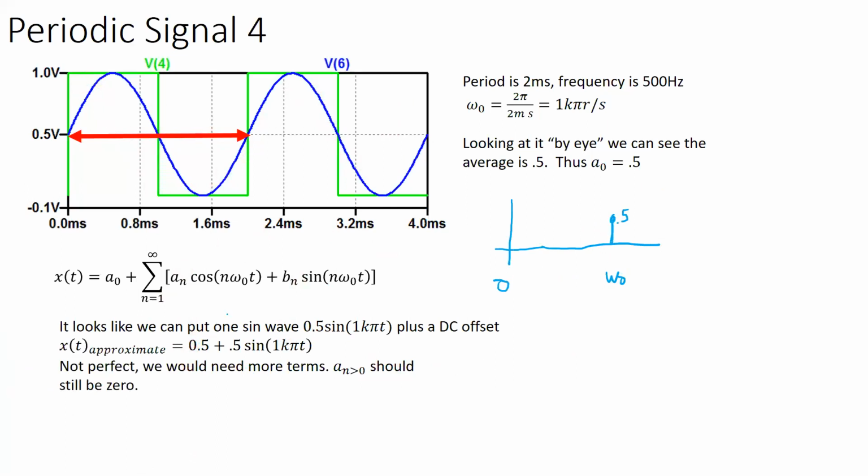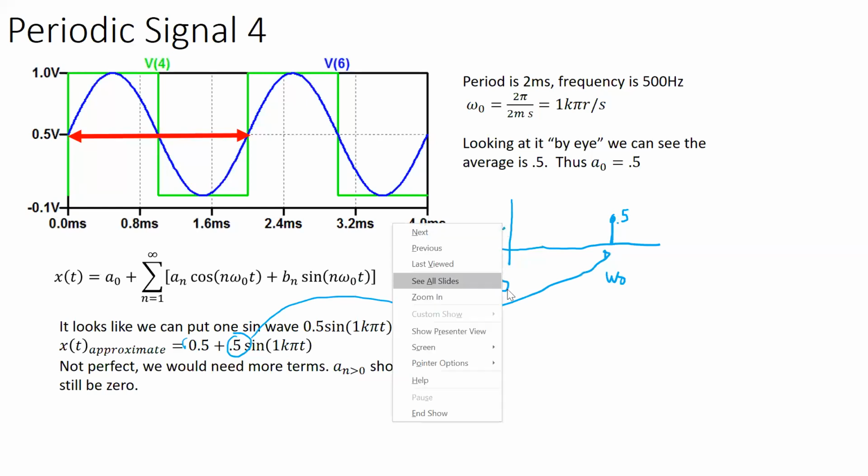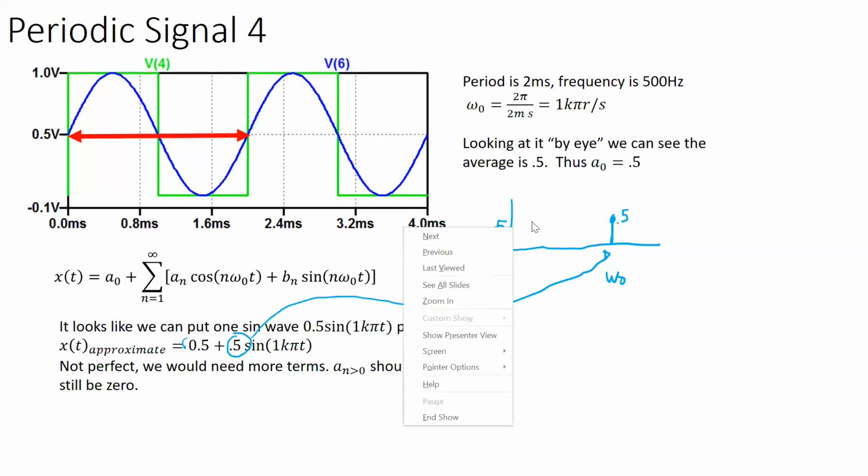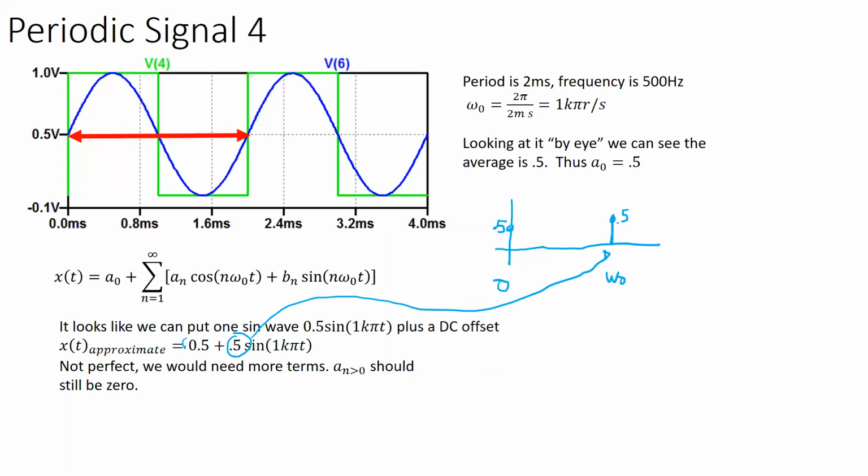That 0.5 is the magnitude, so that's a sine wave at omega naught with an amplitude of 0.5. And the DC average also is 0.5. I think I want a different color.